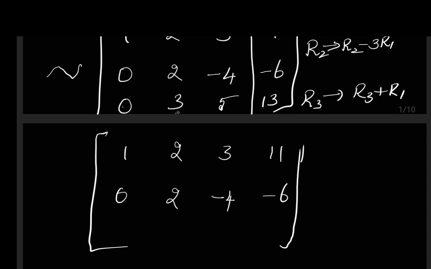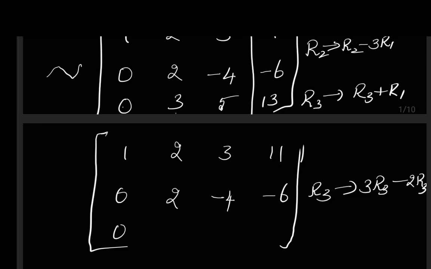For the third row, compare with the previous number 2. These two entries must be equal so that when I subtract I get 0. So I multiply this 2 by 3 and this 3 by 2, so both become 6, and 6 minus 6 is 0. That is, R3 becomes 3R3 minus 2R2.